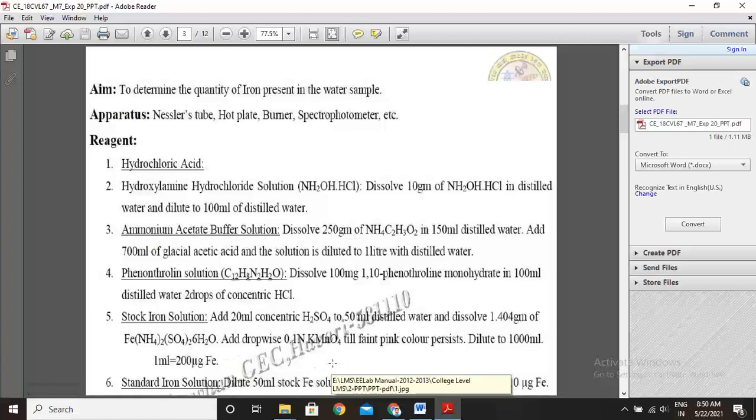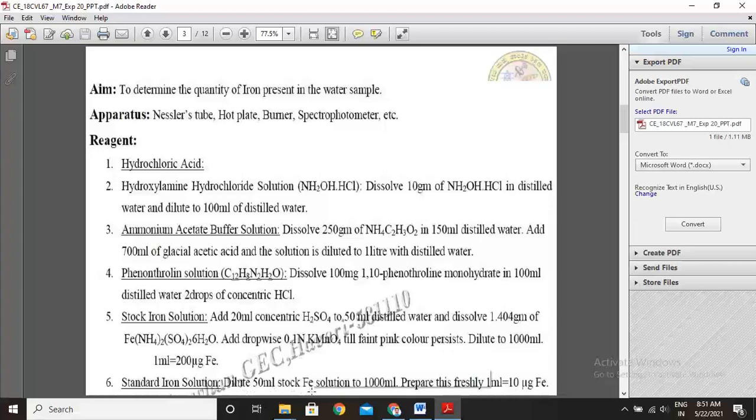Add dropwise 0.1 normality potassium permanganate, that is KMnO4, till faint color persists. Dilute to 1000 ml. So now we get a solution where 1 ml equals 200 microgram iron. Then the standard iron solution, how to prepare?